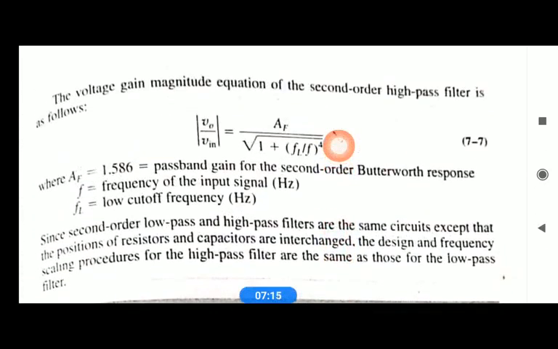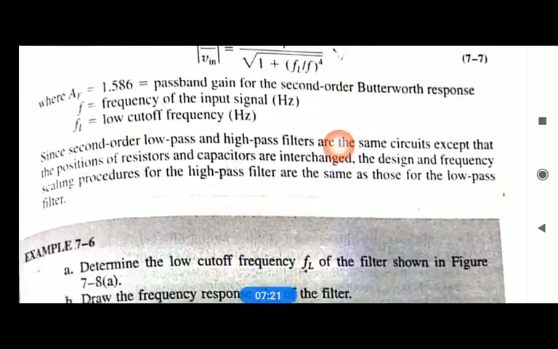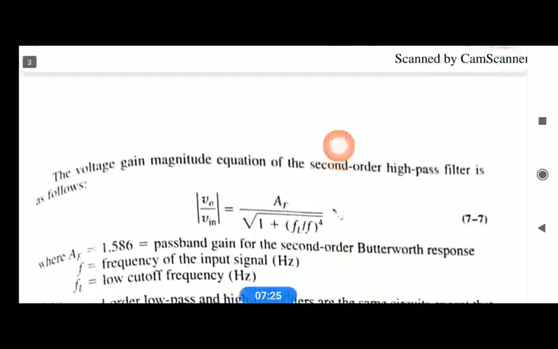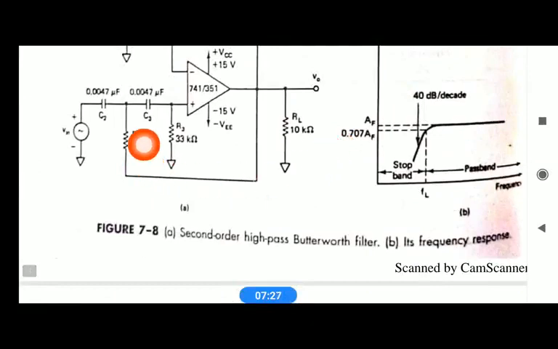You calculate the R value using 1 divided by 2 pi FC, and select C here as 0.0047 microfarad. Put this in the formula, R equal to 1 divided by 2 pi FC, select FL 1 kilohertz and substitute in the equation.